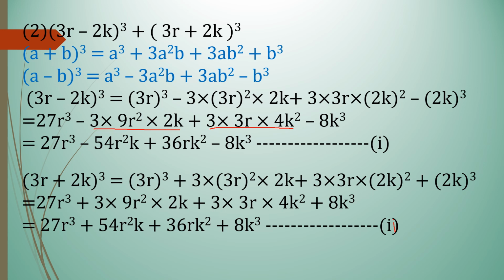Okay, students. Then next step, from 1 and 2, you'll merge the answers. That is 3r minus 2k the whole cube plus 3r plus 2k the whole cube. This was our question. We have found individual answers, so we'll merge.